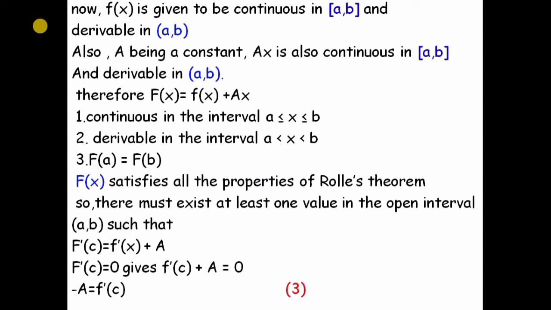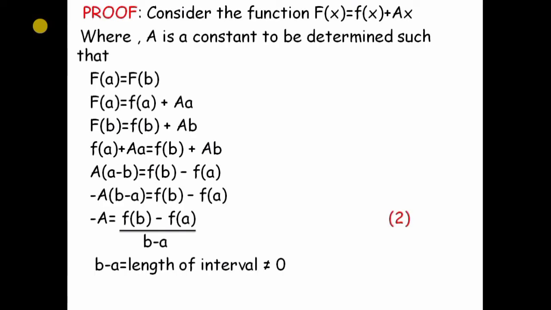Now phi dash x equals f dash x plus A, so phi dash c equals f dash c plus A, which should equal 0, because c lies in the interval a, b. We now equate this third equation and the second equation: minus A equals f of b minus f of a upon b minus a, and this equals f dash c.